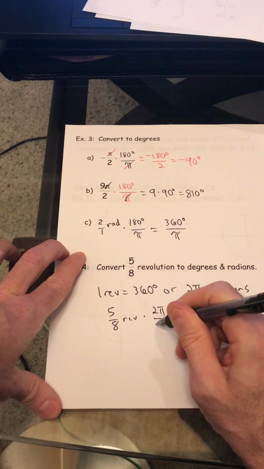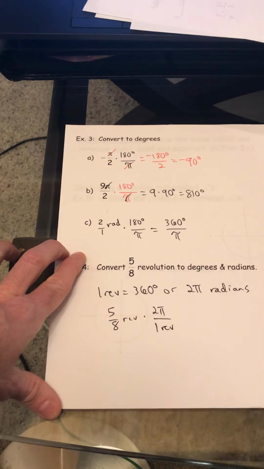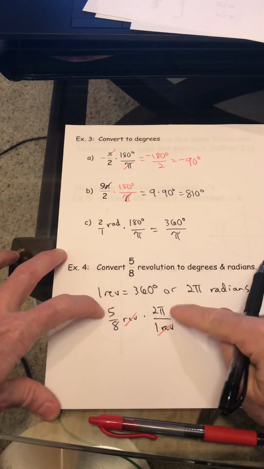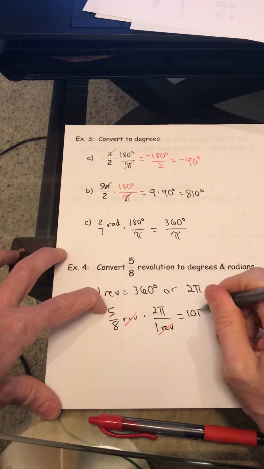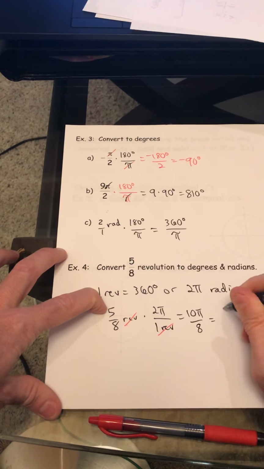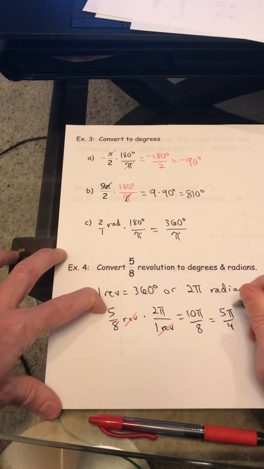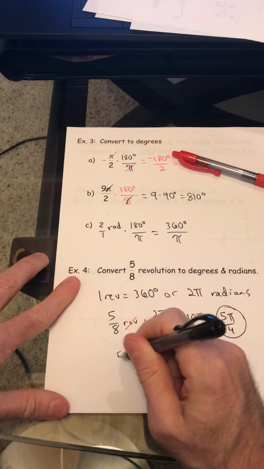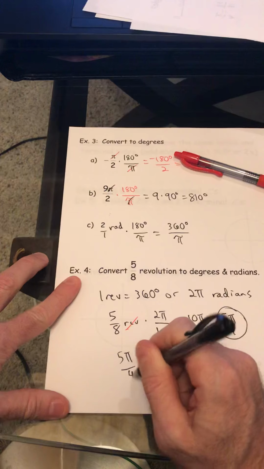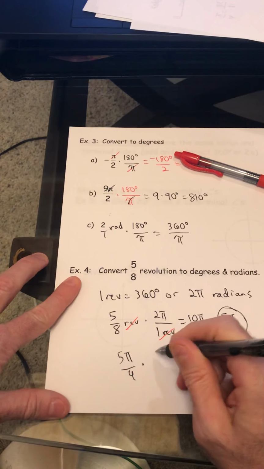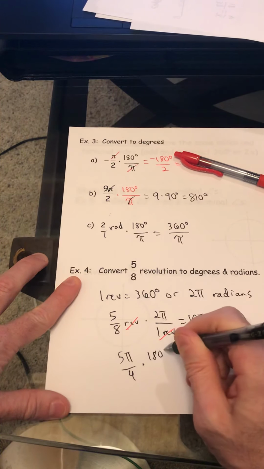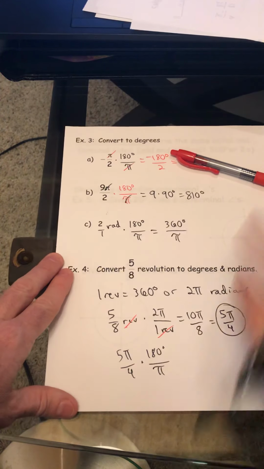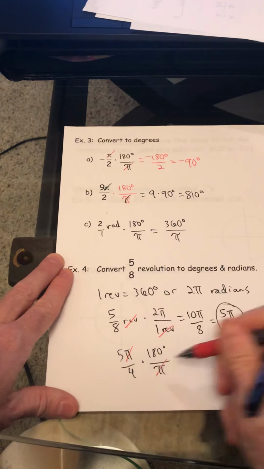convert to radians. So 5 times 2 pi, 10 pi over 8, which is 5 pi over 4. Now from here, I can convert my 5 pi over 4 radians, and there are 180 degrees in pi radians. Well, pi's cancel.